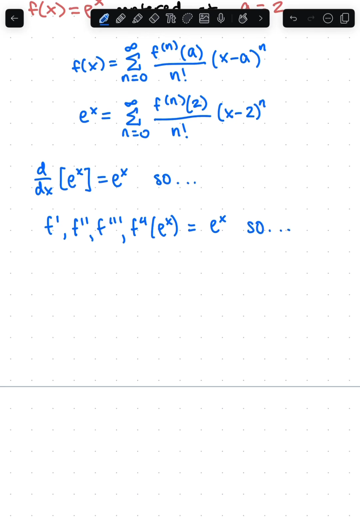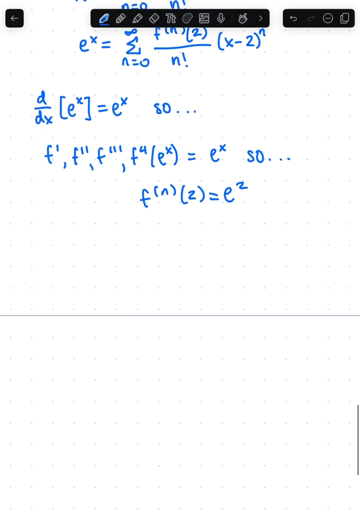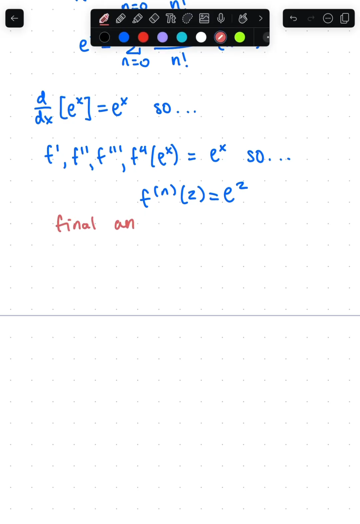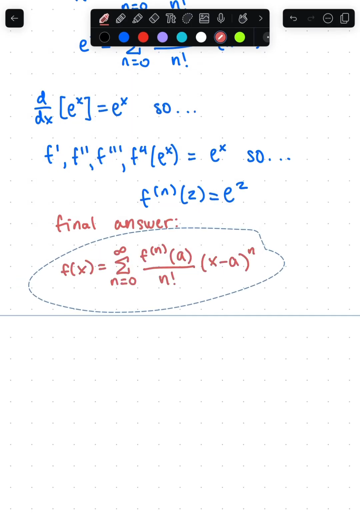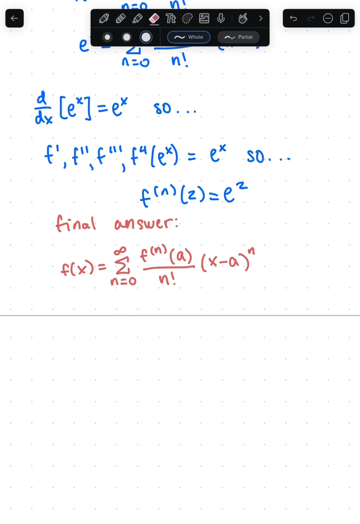So from here, we can actually rewrite f of n times 2 is equal to e to the power of 2. So our final answer is going to be the summation of n at 0 to infinity e to the second power over n factorial times x minus 2 to the nth power.